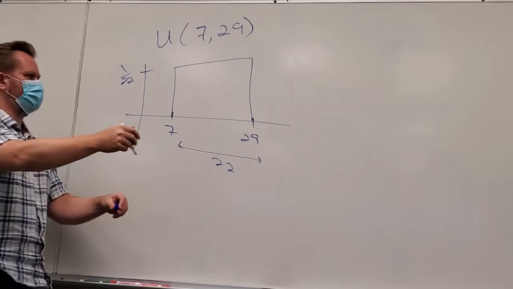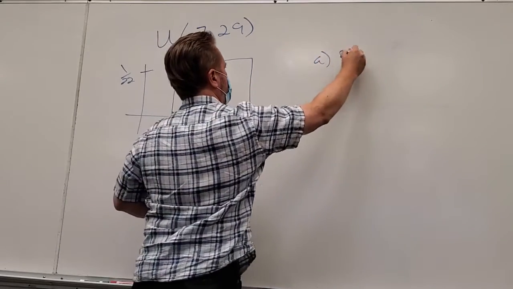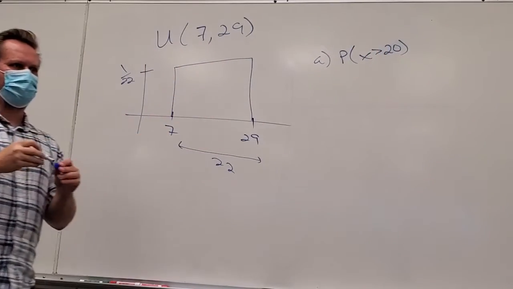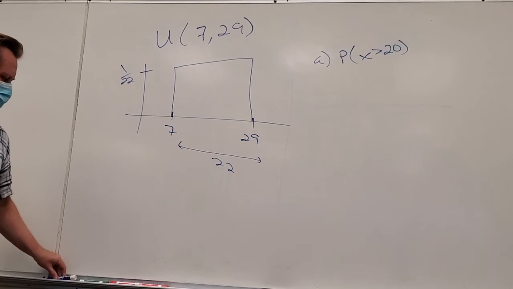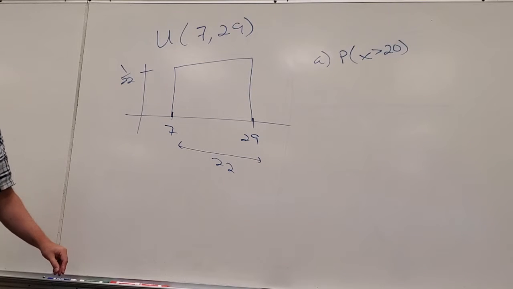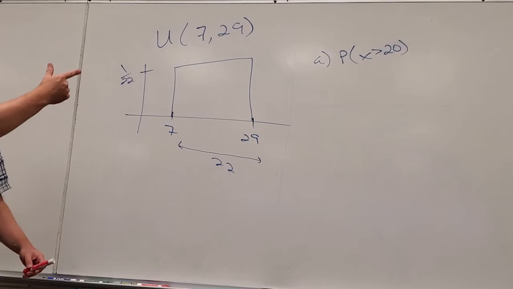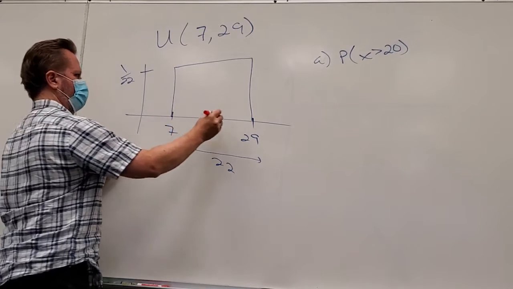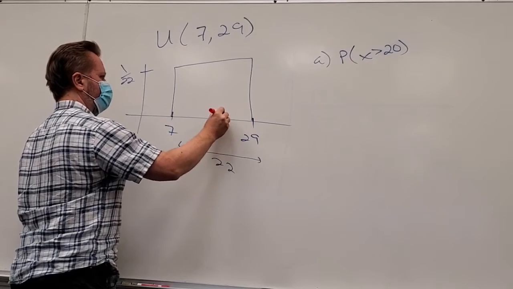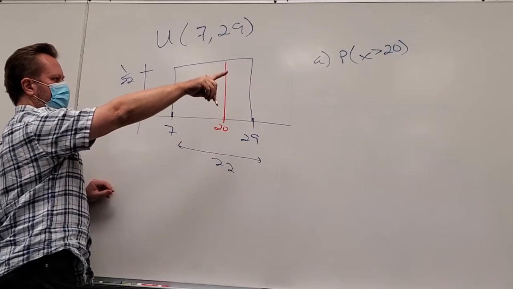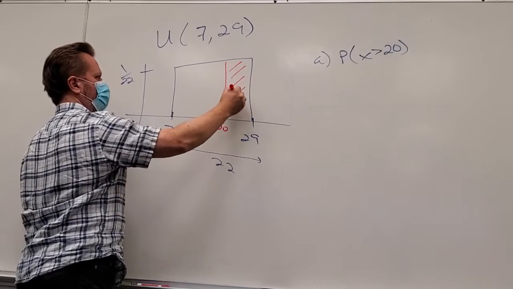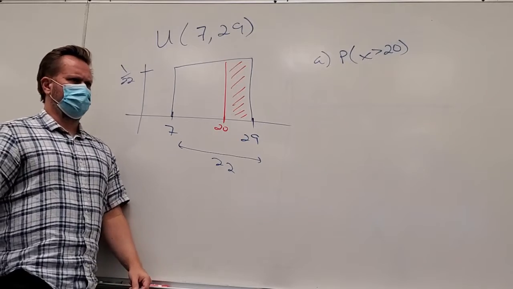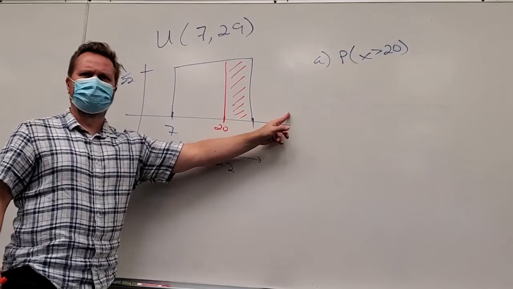Now, if I ask you a question like, what's the probability x is greater than 20? Can you draw that slice in your distribution? Greater than 20, so I'm going to shade that. Why don't I shade past that?